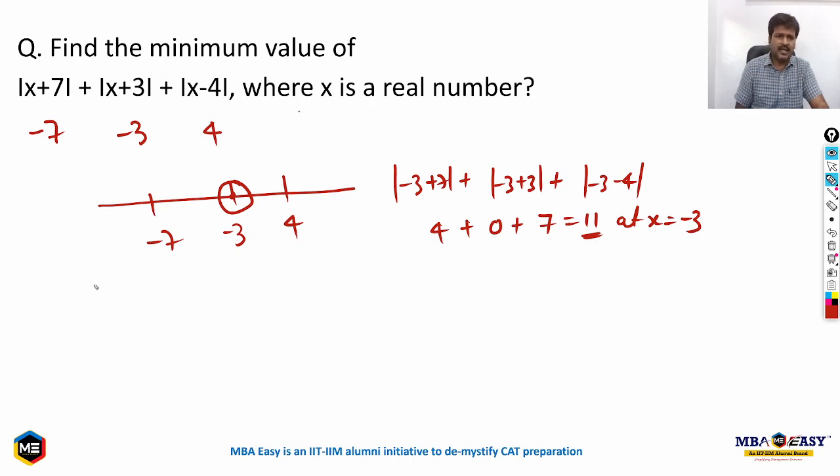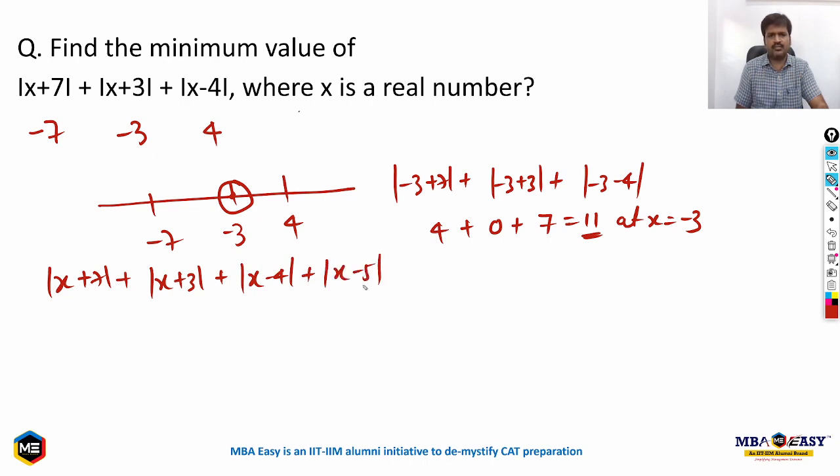Right? Very simple. यहीं पे अगर सपोज ऐसा रहता, mod of x plus 7 plus mod of x plus 3 plus mod of x minus 4 plus mod of x minus 5, सपोज ये क्वेश्चन रहता 4 का, तो हम क्या करते? चारों को प्लॉट कर लेते. This corresponds to distance of x from -7. This is distance of x from -3.